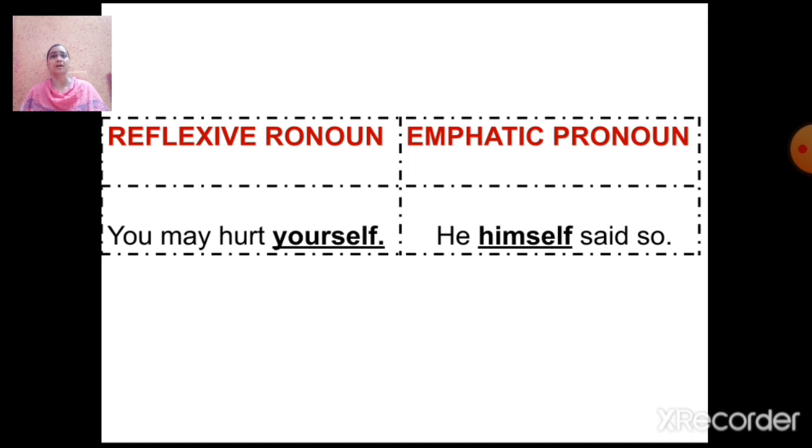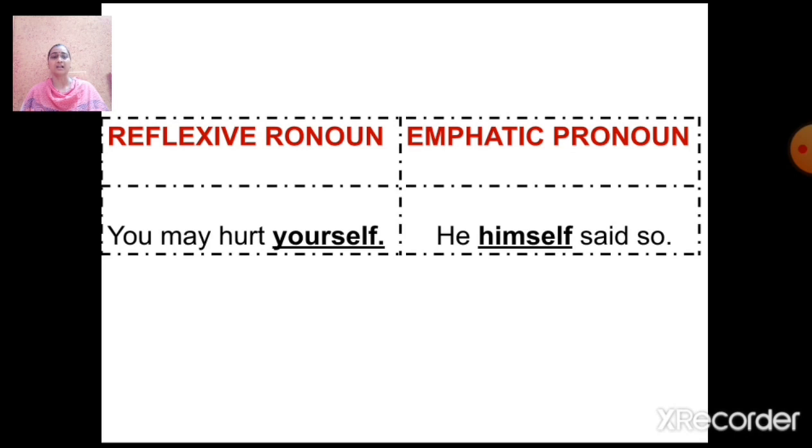This means a reflexive pronoun can't be removed without affecting the core meaning of the sentence. If we remove yourself, it will affect the meaning of the sentence. Then the sentence is, you may hurt. So, we are not getting the meaning of the sentence, right?